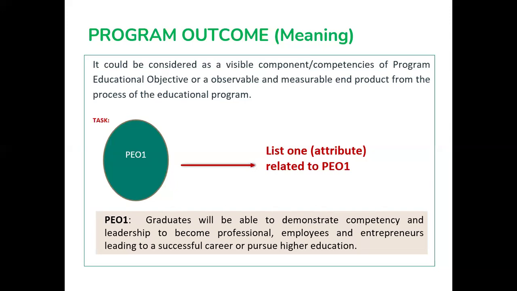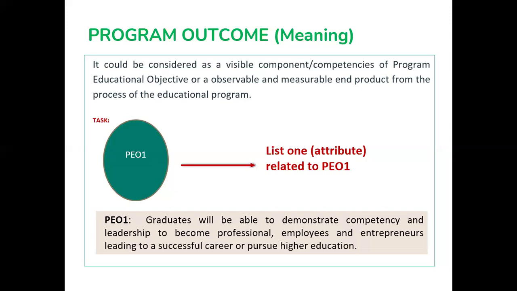So if you consider this PEO1, we have seen 3 PEOs as examples. And the first one, graduates will be able to demonstrate competency and leadership to become professional employees and entrepreneurs, leading to a successful career or pursue higher education. So if you are dreaming like that, we are expecting that they should be professionals or employees, whatever it is.